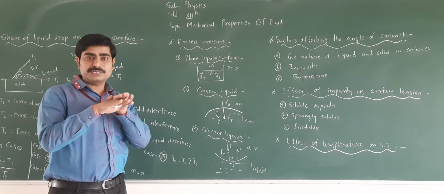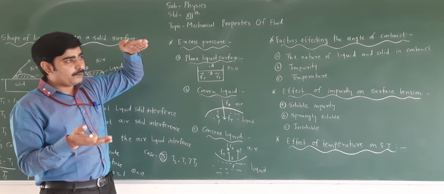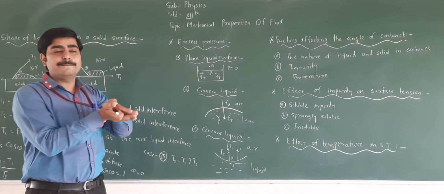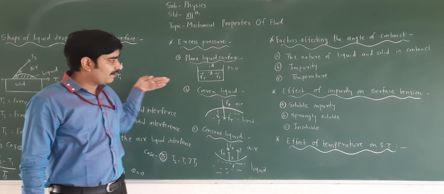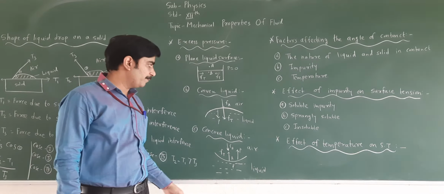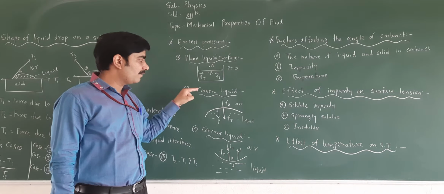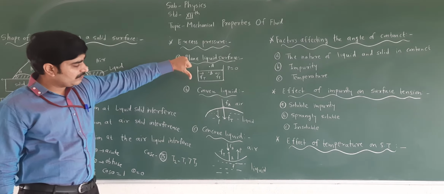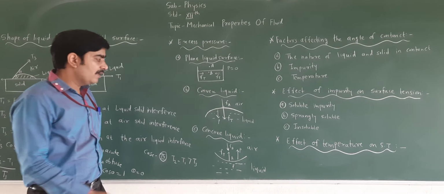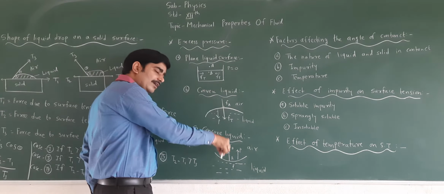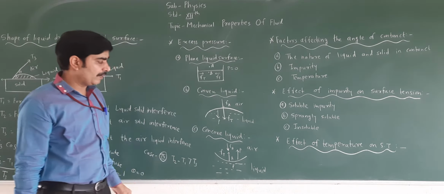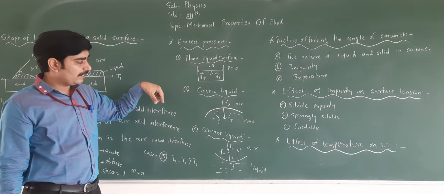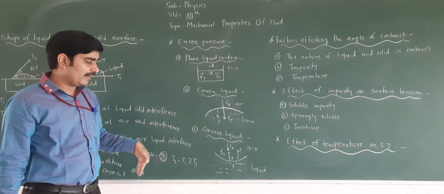It means the upward and downward pressure get balanced. As a result, the surface remains plane. If the liquid surface is convex, the surface tension is acting in the downward direction, so the pressure is also acting in the downward direction. If we take mercury, then in that mercury the pressure is acting in the downward direction.